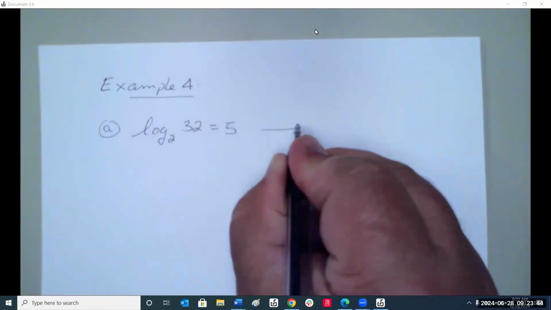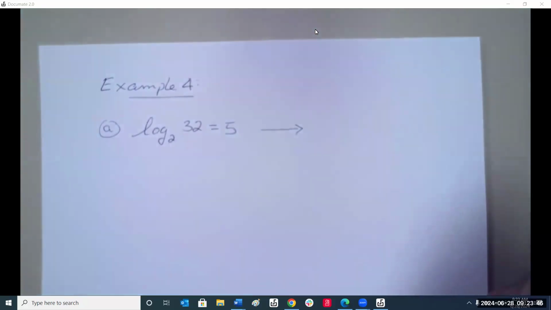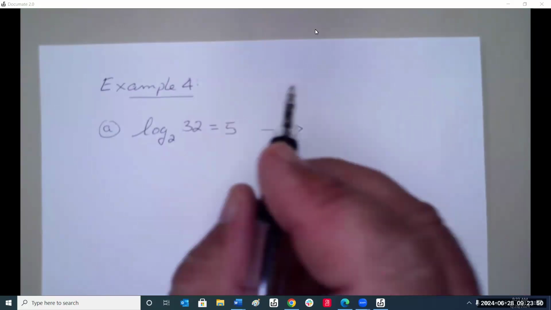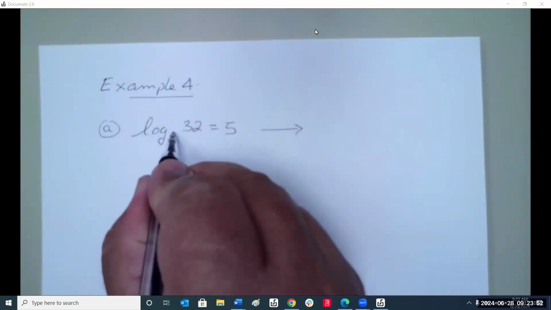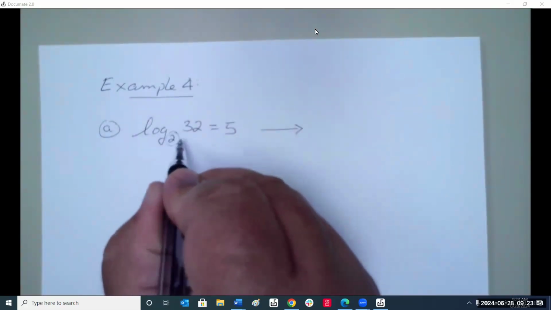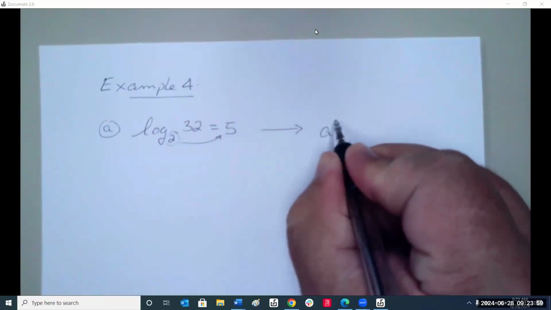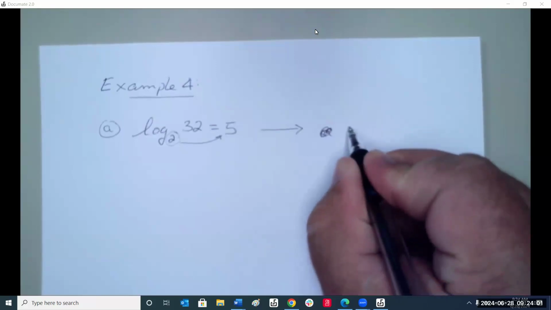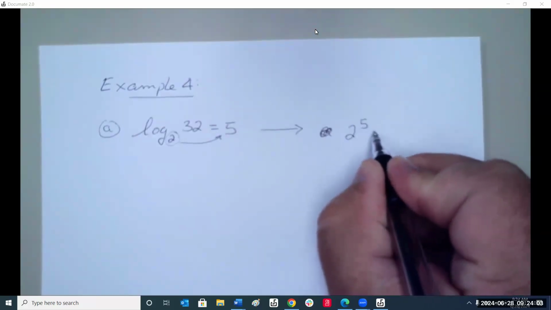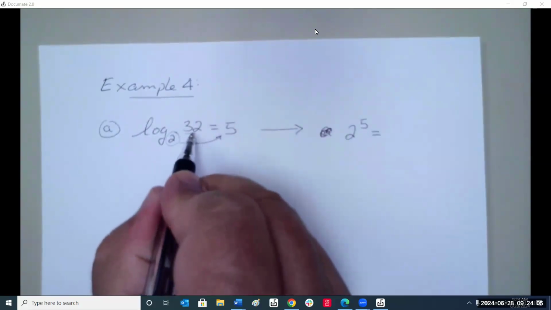So convert it from logarithm to exponential. The base has to say the base. The base comes over here and pushes up the answer. 2 to the power 5 is equal to 32.